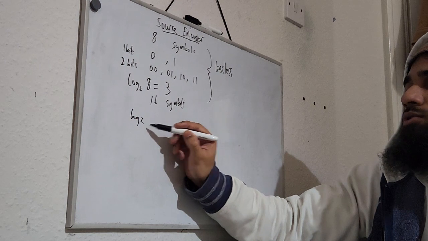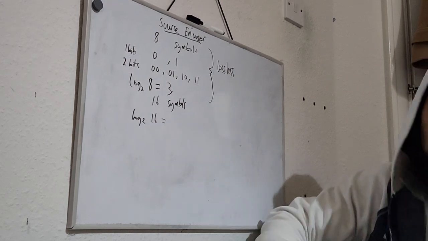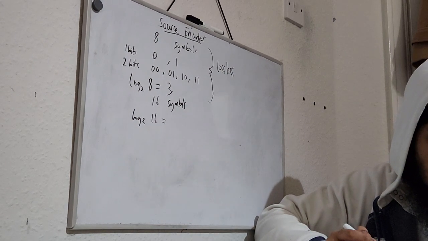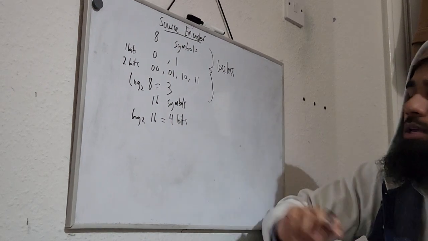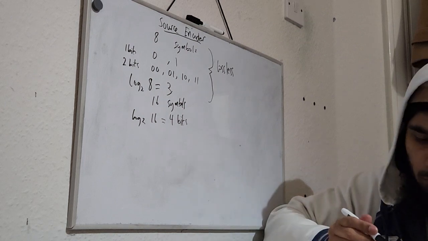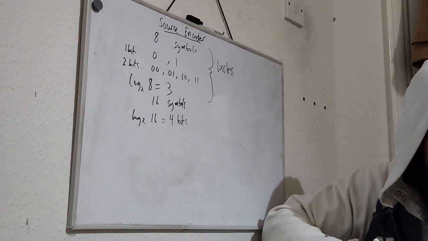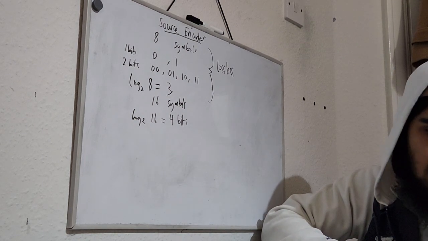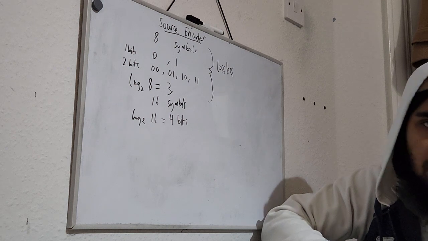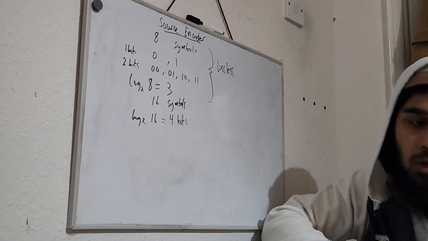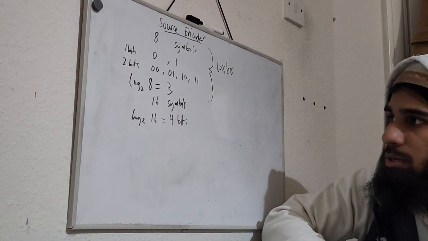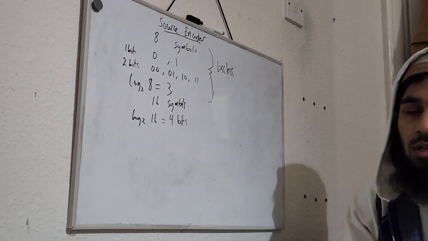Well, log 2 of 16. That's 4 bits, and that would keep on increasing, more bits. So to save the bits, we need minimum compression, and that's where entropy will come in, and we will be learning that after the next episode. Thank you for listening.